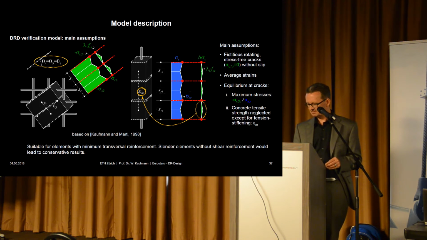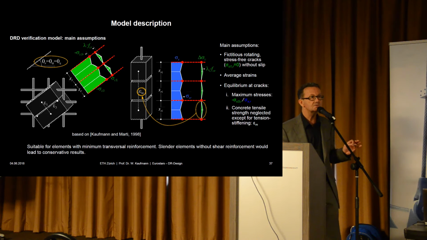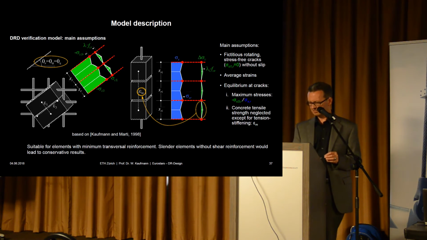Equilibrium at the cracks, and we have the maximum stresses at the cracks, and in between they're a bit lower, and the concrete tensile strength does not contribute to the resistance. But it does contribute to the tension stiffening, because now if I take a crack element here, and I calculate this elongation, what is it?